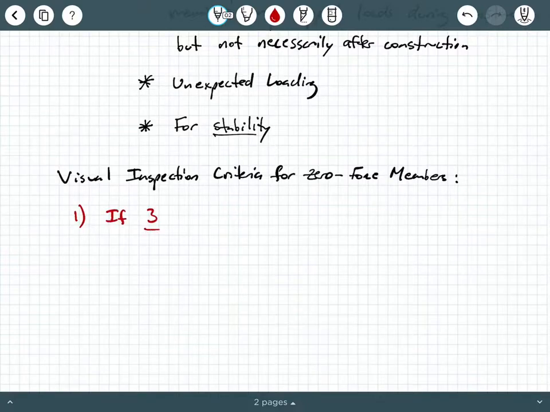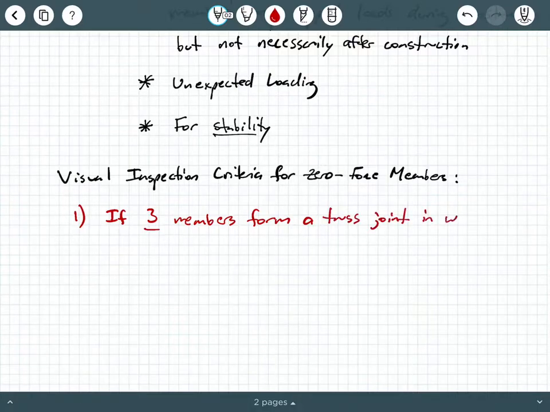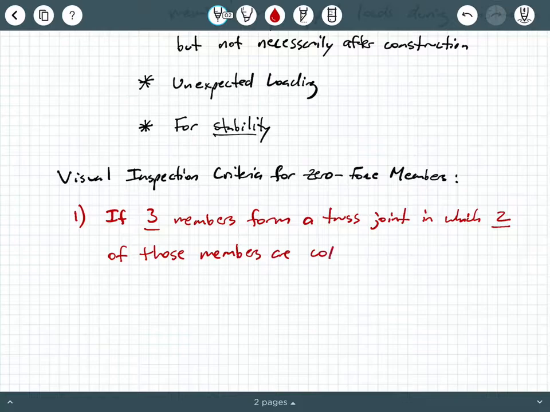Number one, here's what it says. Now try to absorb what we're saying here. It's a lot of vocabulary. If three members form a truss joint in which two of those members are collinear. What does collinear mean?